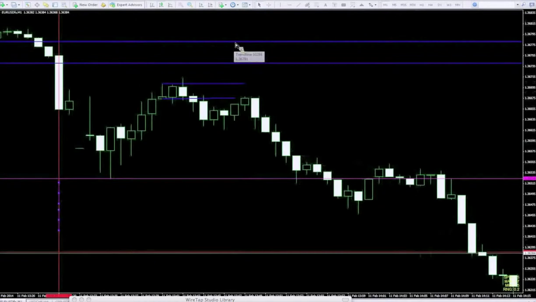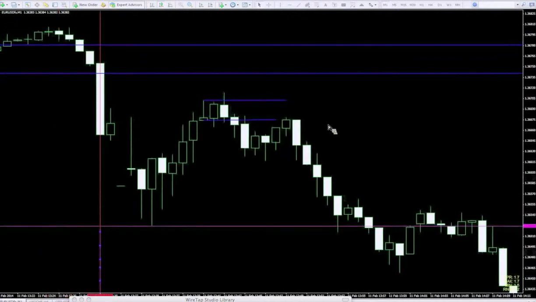These are the two lines from the 15-minute chart, Jay. They simply followed me to the 1 minute. All right. So now I'm going to move forward. So now this line is the low of the price trap on the 15-minute chart.